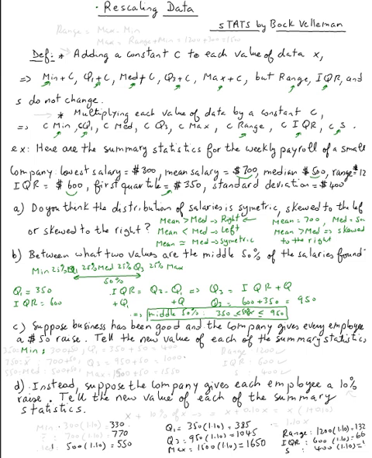The old min first. Old min is $300. The mean salary is 700. The median is 500.